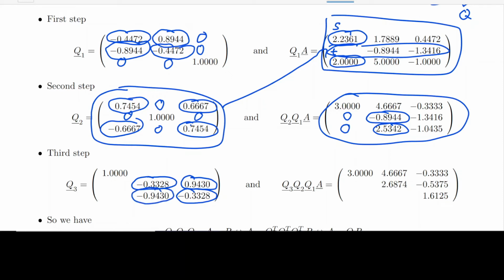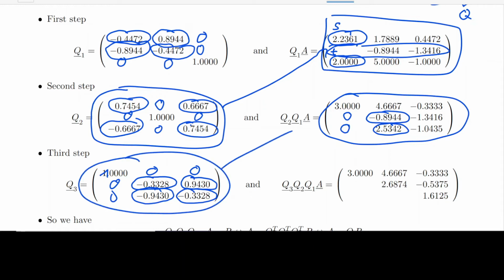And apart from line 2, line 3, use identity matrix, so these entries and this one, and then multiply Q3 times that matrix, and then you will get that. These zeros are kept, and this is a new 0.